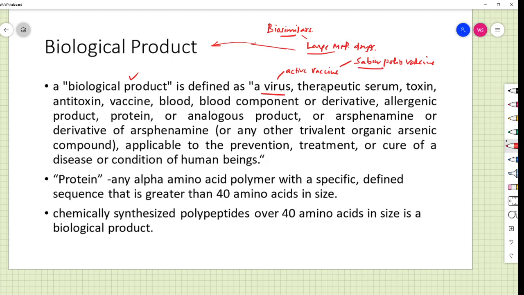So an active virus can be therapeutic serum, say rabies antibodies, toxin, diphtheria toxin, can be antitoxin again, anti-rabies. It can be vaccine, or it can be blood component or a derivative, allergenic products. Allergenic products can be used for desensitization therapies.